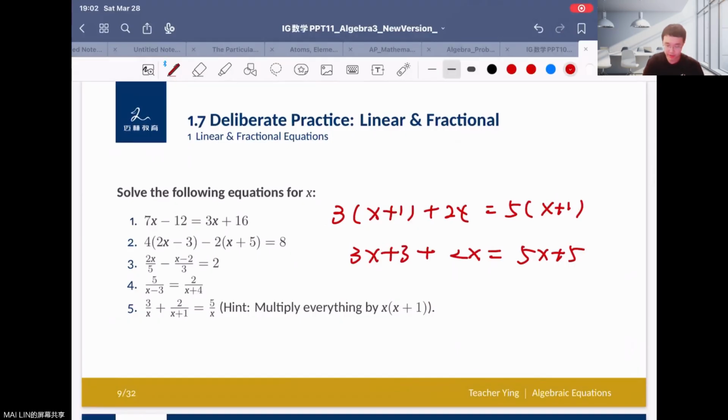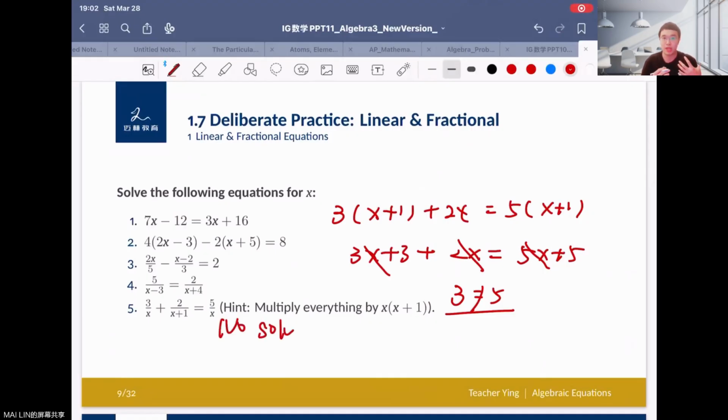So now you can find that the x terms give 5x on both sides, and you are left with only 3 equals 5. So you can find this doesn't obey the rule that the left side equals the right side, right? So it means that there are no solutions for such a problem, okay? Because this doesn't obey the rules. That is for these problems. I hope you can understand all of these problems, and there's no solution for the last question, okay?